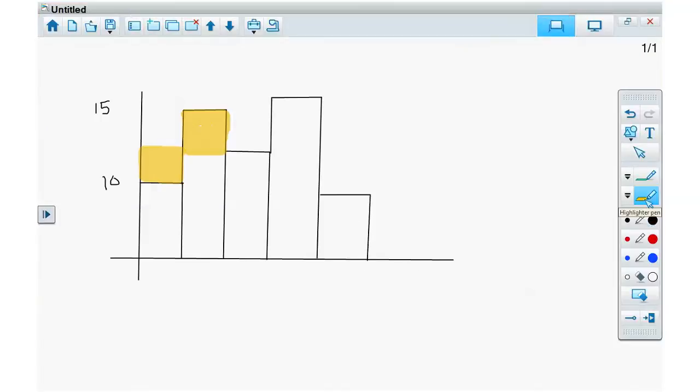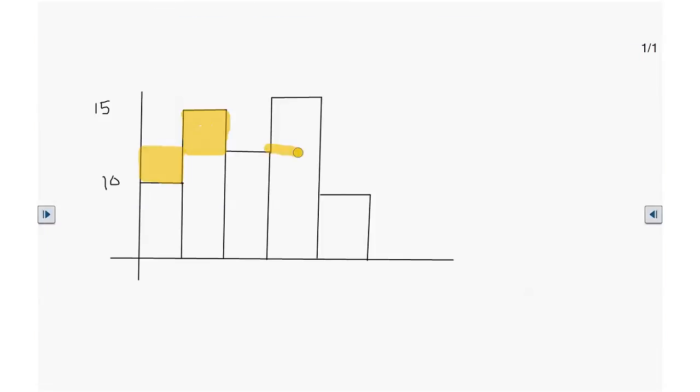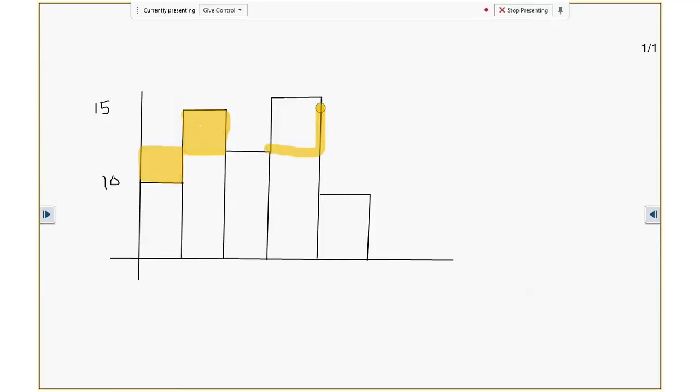And then I take this guy and I cut this off right here, and I flip it over and put it right here. Then what have I done?